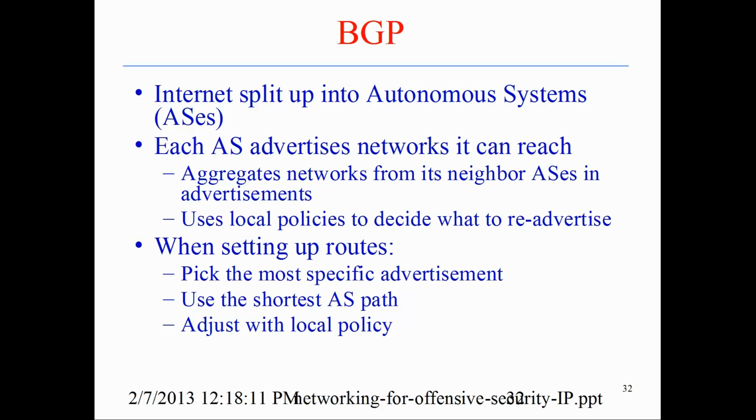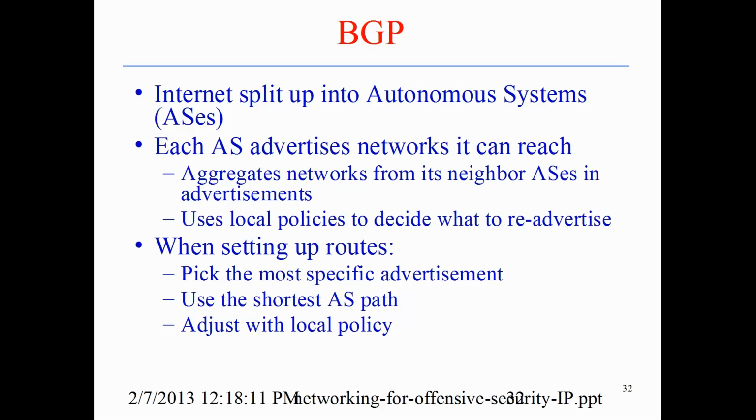And when routes are set up, first and foremost, the most specific advertisement will win and will be used in the forwarding routing decision. And usually, in most cases, the shortest path to a destination will be advertised and will be used. And as I said, this can be adjusted.